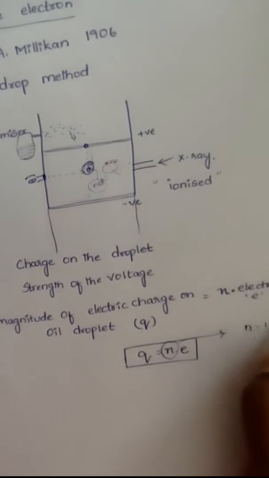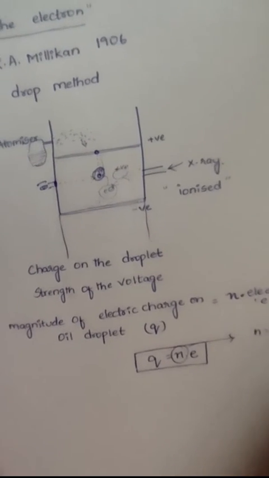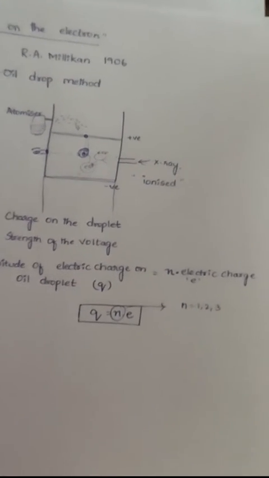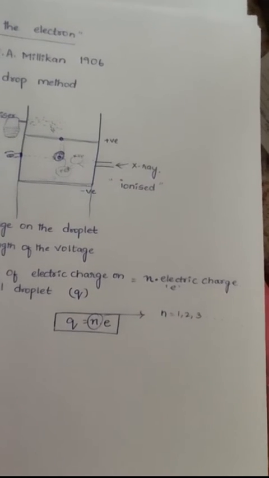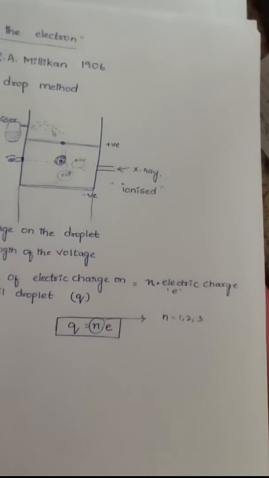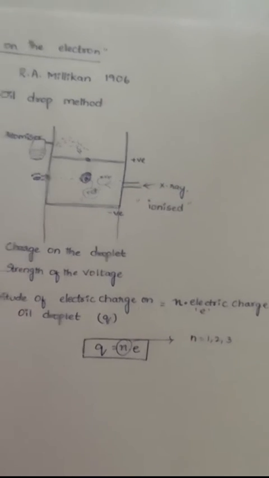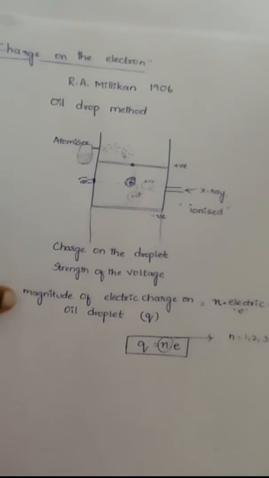N is equal to 1, 2, 3 and so on. So the magnitude of electric charge is always an integral multiple of electric charge. I will discuss one example and then we'll come back to this point.